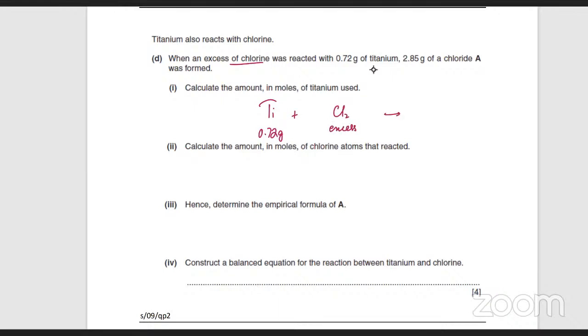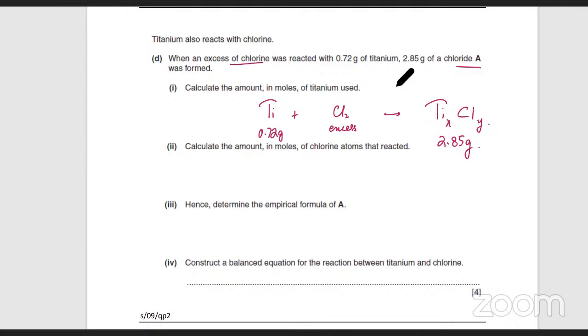And you get a chloride A. You have no idea what the formula is. You don't know what X is, you don't know what Y is, but the mass is given, 2.85 grams. Based on this information alone, can you figure out the empirical formula of A? What is the mass of Ti here?